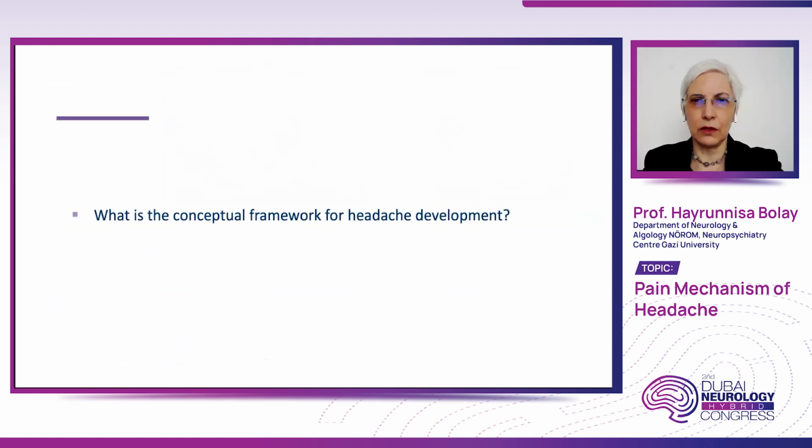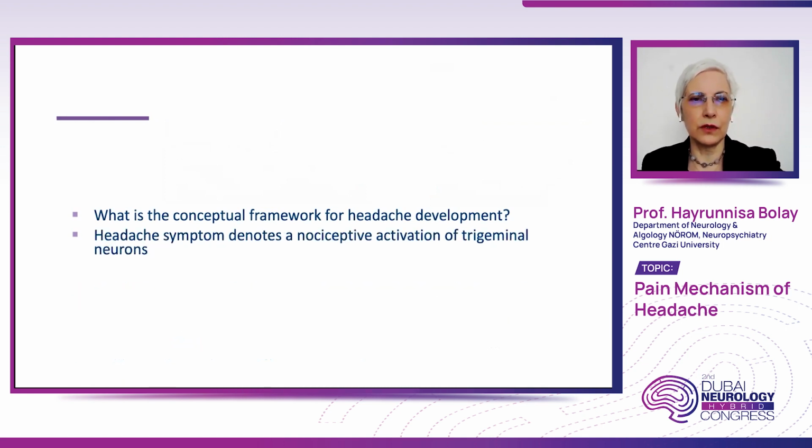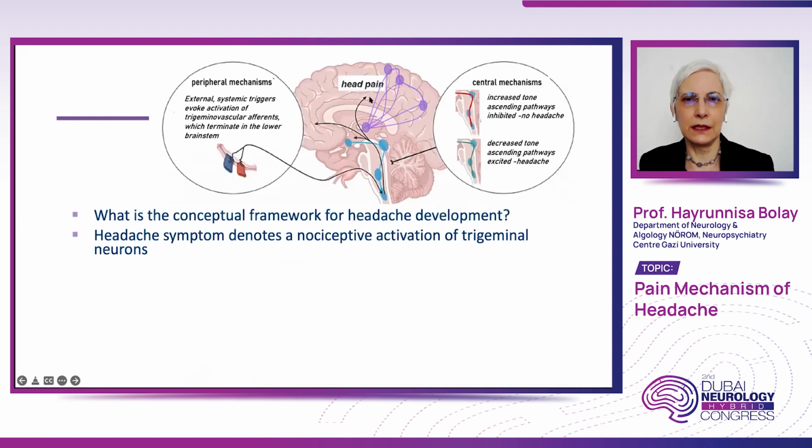Okay, how do we understand headache? We need a simple conceptual framework for headache development. We know that headache symptom denotes a nociceptive activation of trigeminal neurons, which reside in the trigeminal ganglia and whose peripheral axons innervate the cephalic structures. Among them, the outer layer of the meninges, the dura mater, has prime importance.